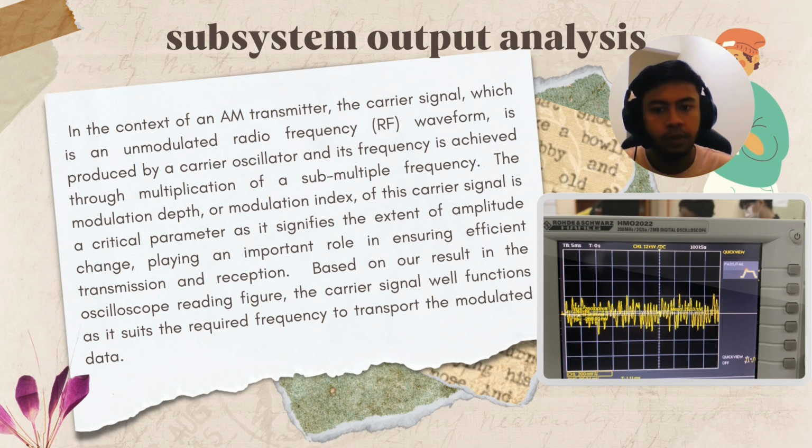The modulation depth or modulation index of this carrier signal is a critical parameter as it signifies the extent of amplitude change, playing an important role in ensuring efficient transmission and reception. Based on our result in the oscilloscope reading figure below, the carrier signal of our AM transmitter functions well as it suits the required frequency to transport the modulated data.